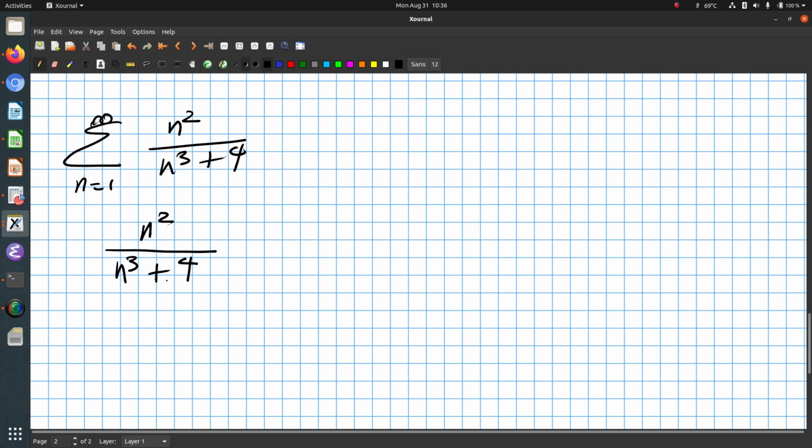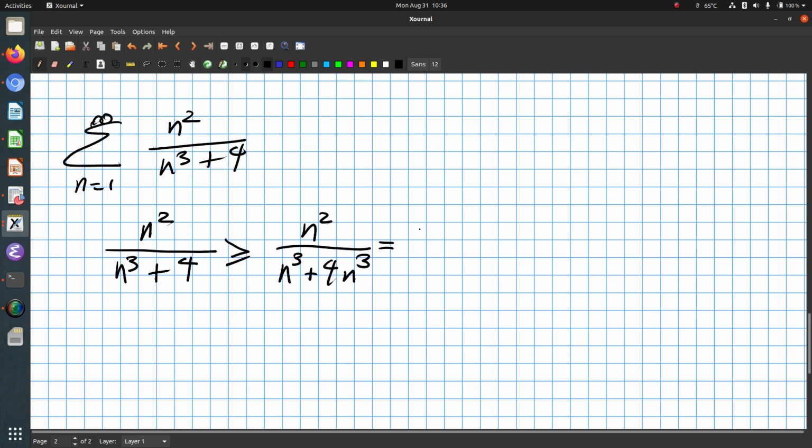What you should notice is that as n gets large, n is bigger than 1, this series, the terms are always bigger than these terms. Notice what I've done is I've added an extra n cubed multiplied by 4. That makes the denominator of this fraction bigger, which makes this fraction here smaller.